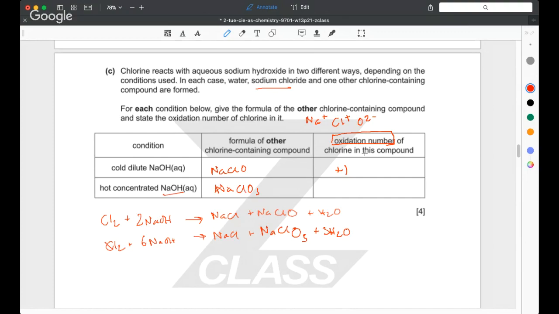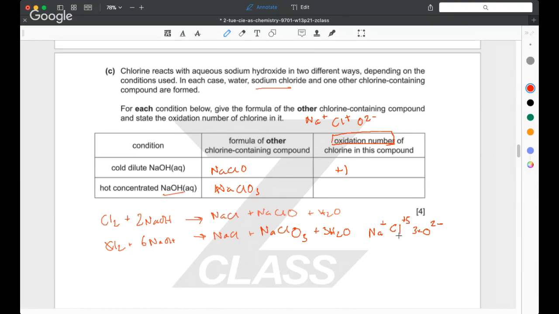When we come here, using the same technique, sodium in compounds is always 1+. Oxygen in compounds, except for peroxides, is O2-, and we've got 3 of those. So to balance all these charges, the chlorine in there must be +5. Now, be very, very careful here.